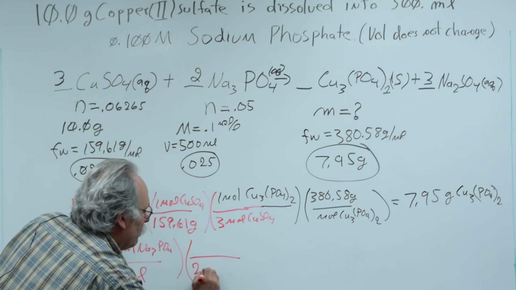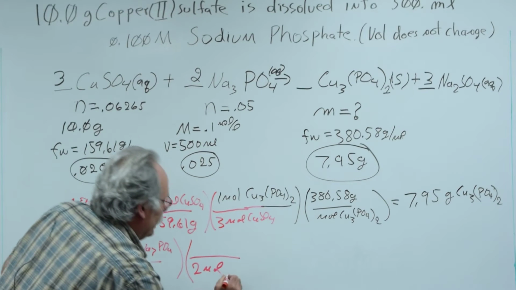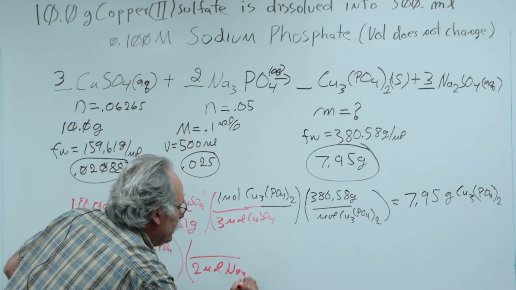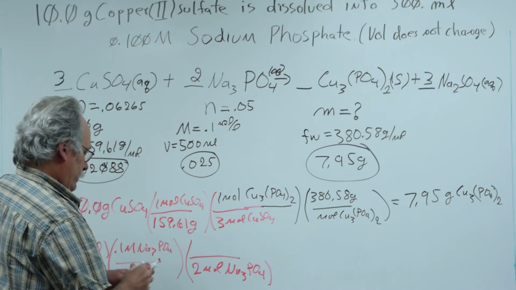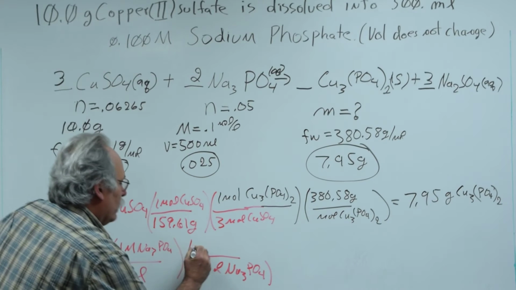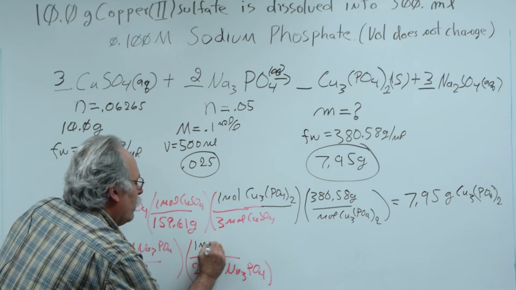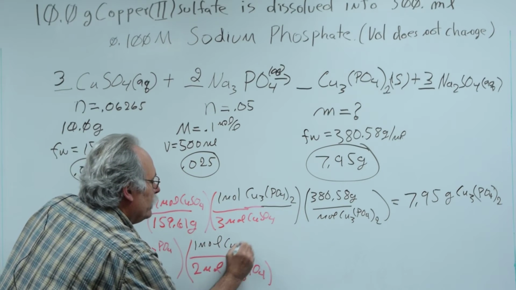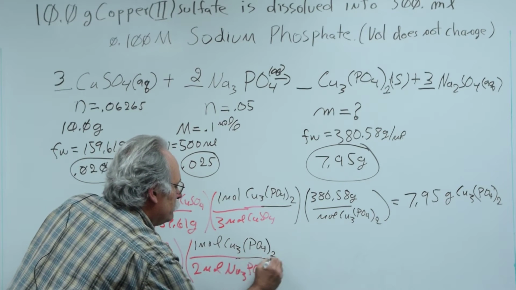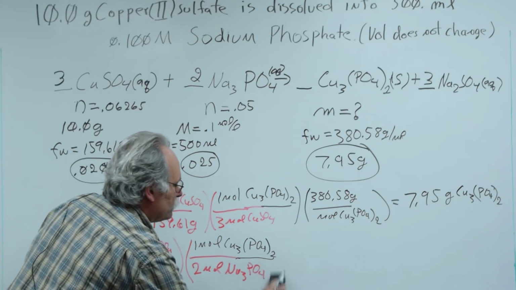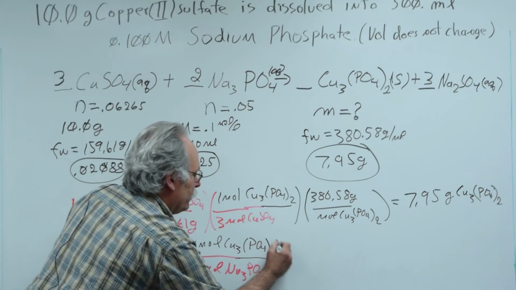So I have 2 moles of Na3PO4 for every 1 mole of Cu3(PO4)2. And let me put this all into one parenthesis here.